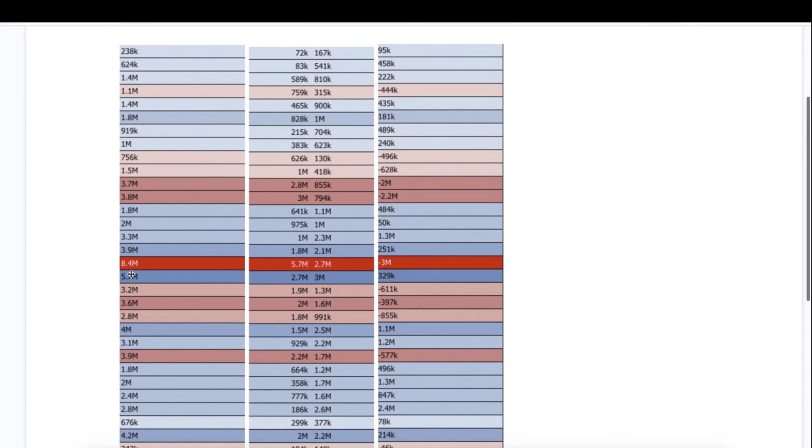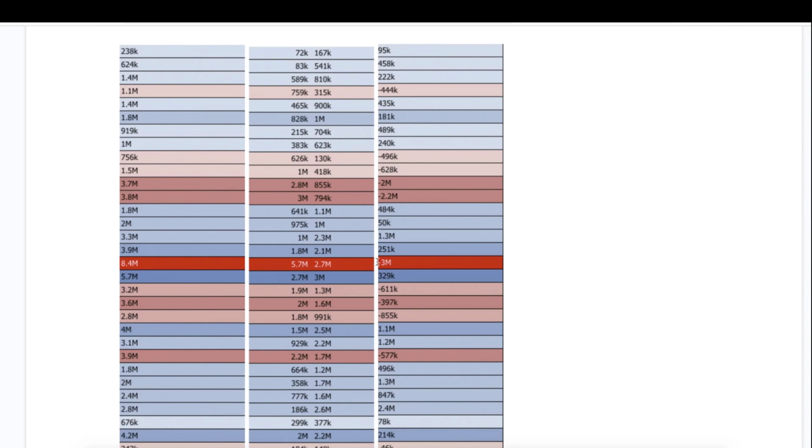So for example, at this red little tick right here, we have 8.4 million. This means 8.4 million contracts were opened up on whatever exchange we're looking at on the footprint chart for this given tick. The same exact candle right here is showing us a bid-ask profile where we can see 5 million sells and 2 million buys.